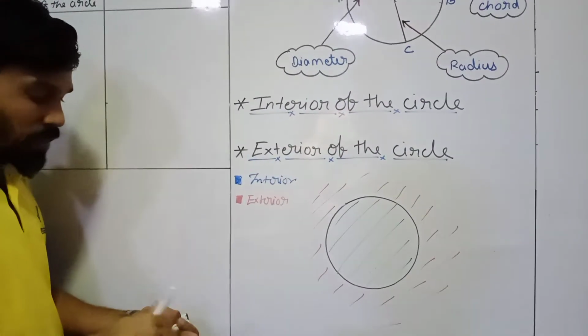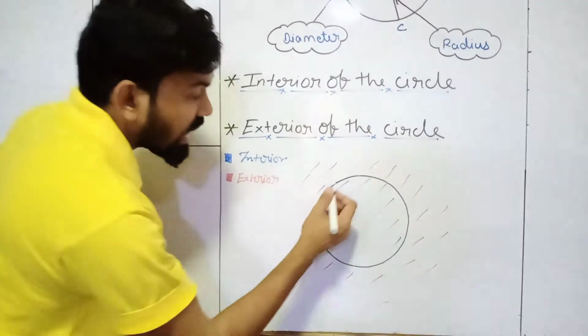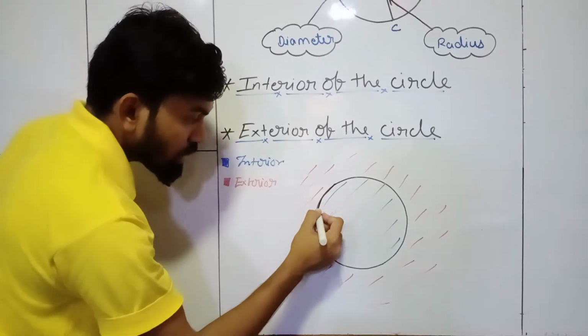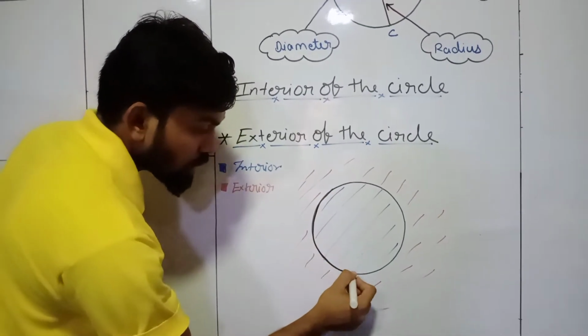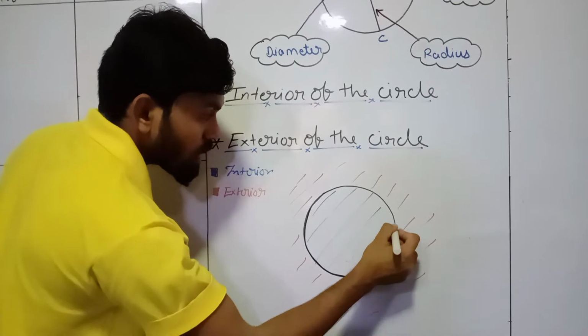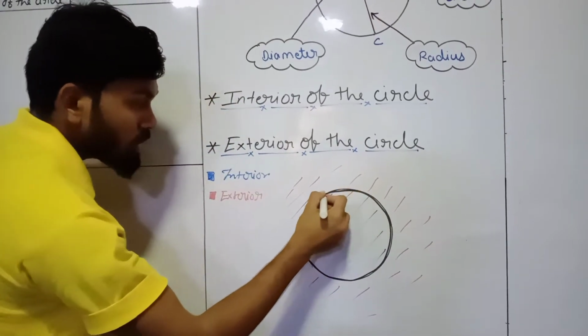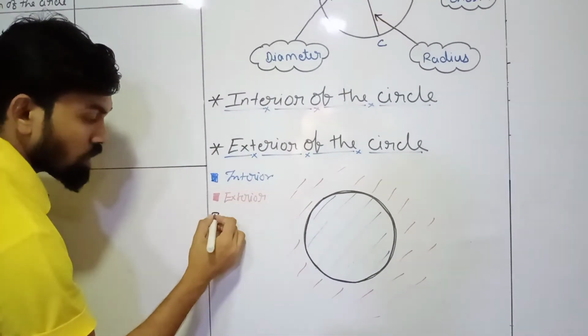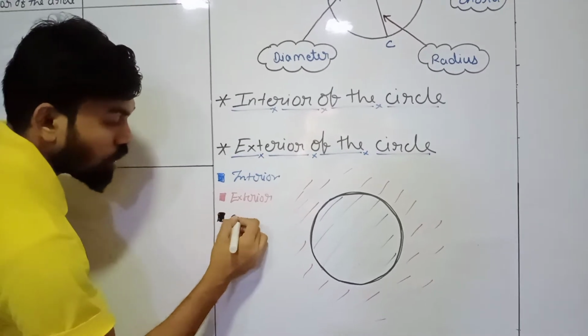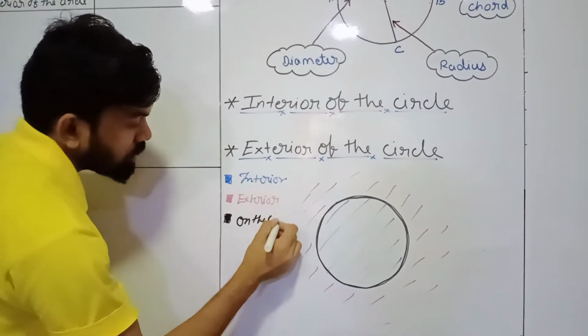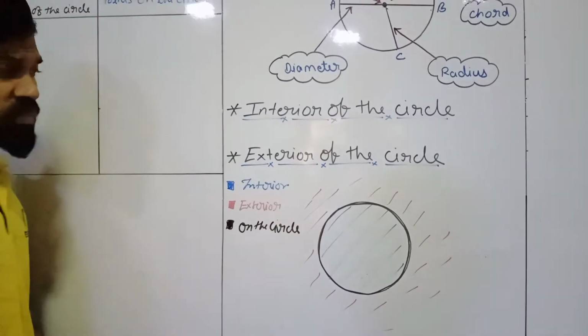And if I am talking about this black line, this boundary of the circle in black color, that is on the circle.